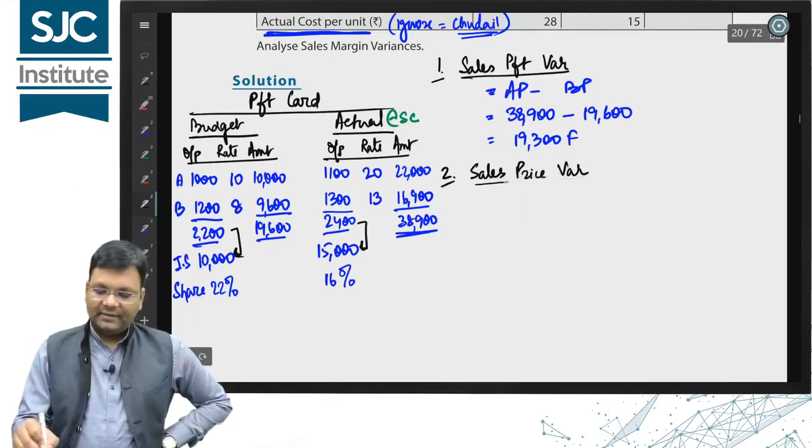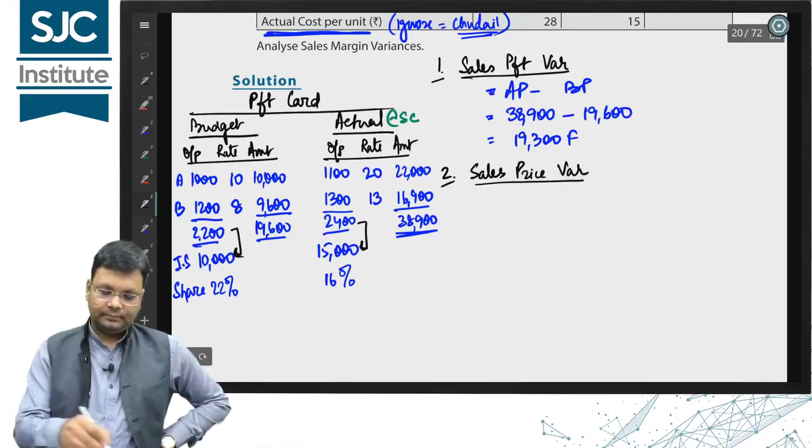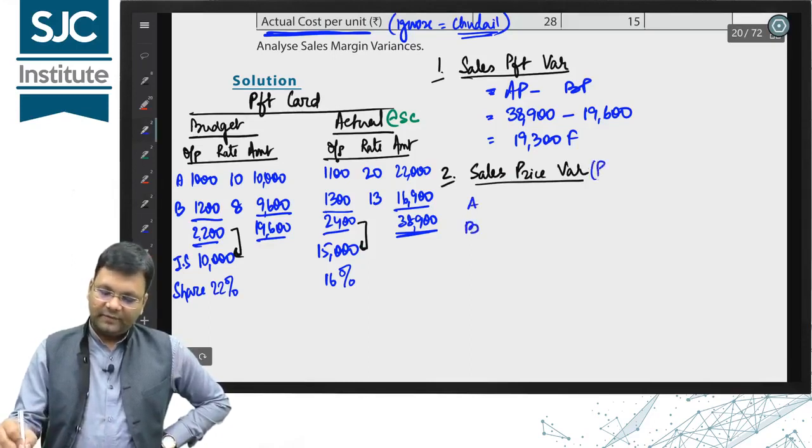Sales price variance. That means profit price variance. This is also equal to profit price variance.